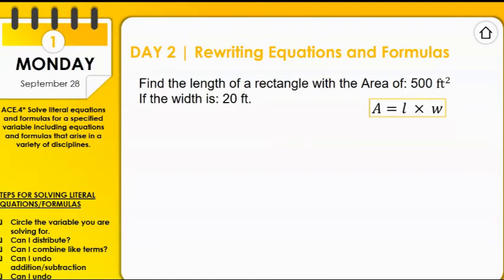So in example 2, it says find the length of a rectangle with the area of 500 feet squared if the width is 20 feet. So we can see a visual. I'm going to draw a rectangle, excuse me. It has 500 feet squared as the area.